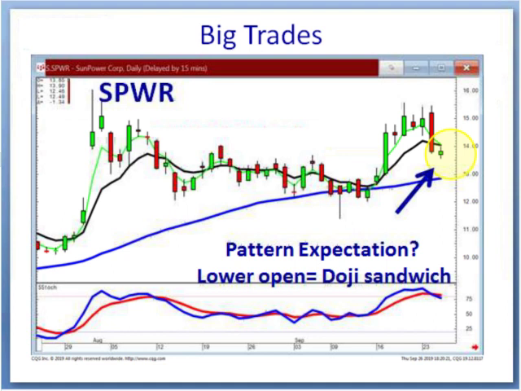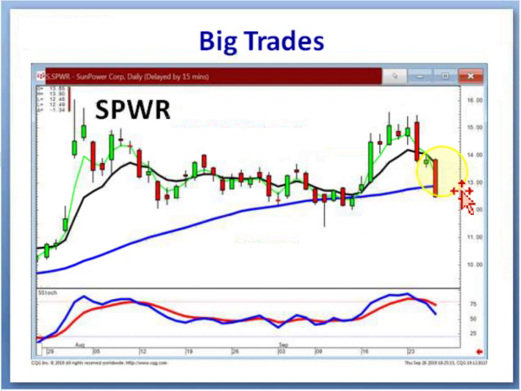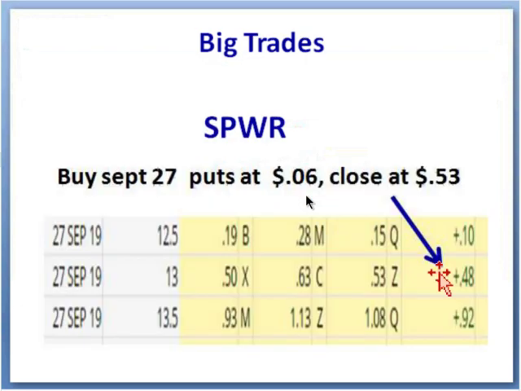So if it opened lower, like it did today, and traded lower, we've got people in the options room that trade those, where the September 13 puts could be bought at 6 cents this morning, and they closed at 53 cents. Huge profits.